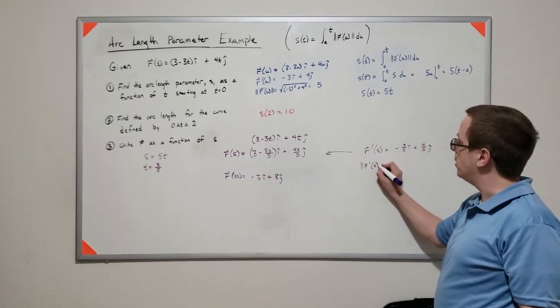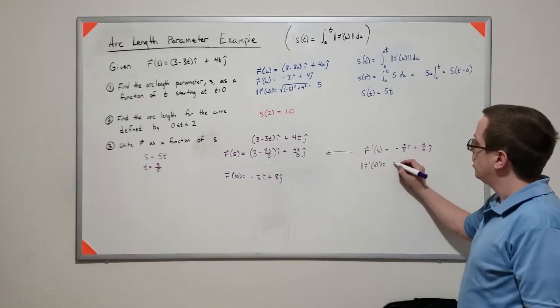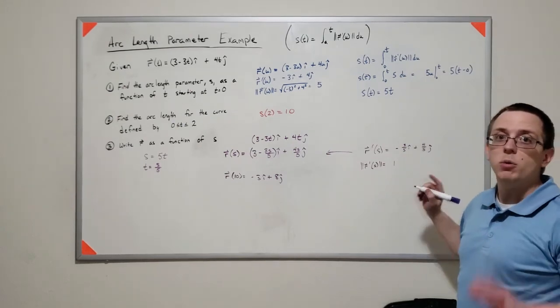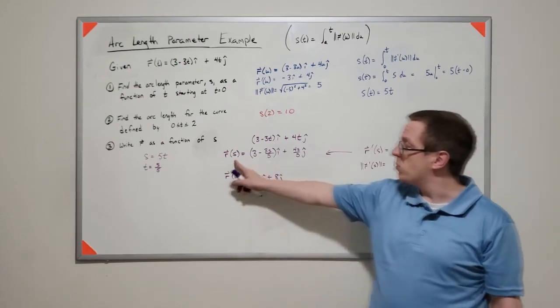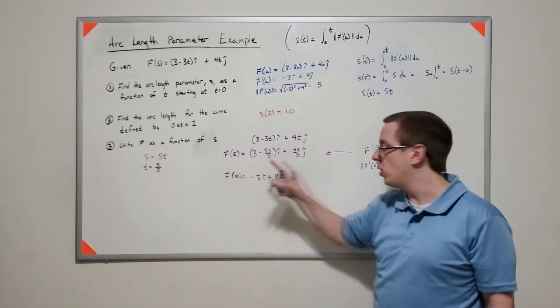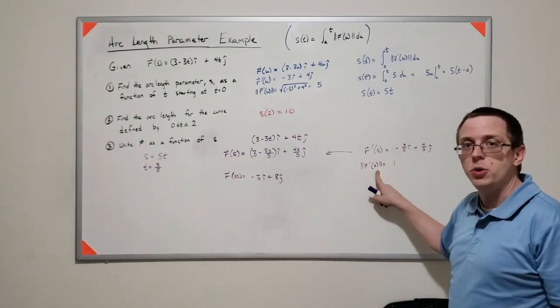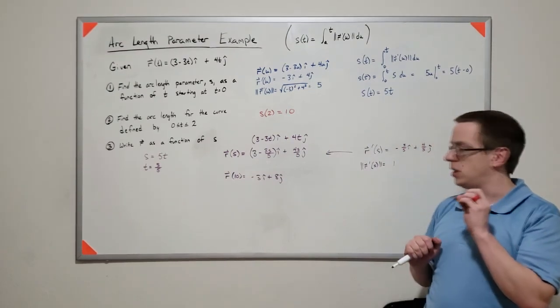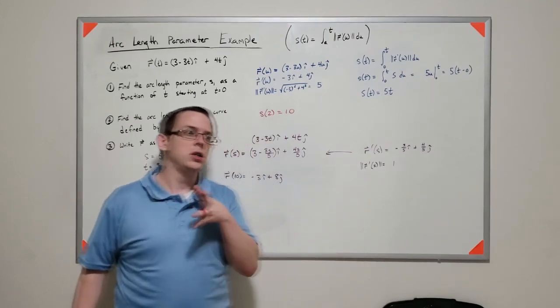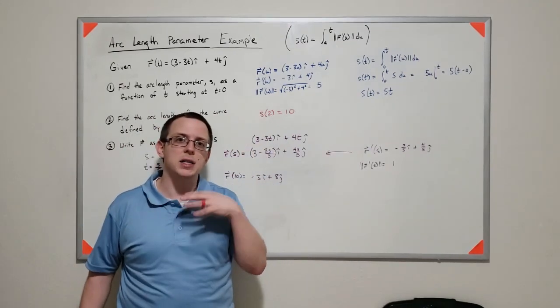And if I take the magnitude of r prime of s, what I end up with is 1. What you find is that when a vector valued function is rewritten in terms of the arc length parameter, this magnitude is always 1. And again, that's a theoretical concept that we can leverage when we start talking about ideas like curvature.